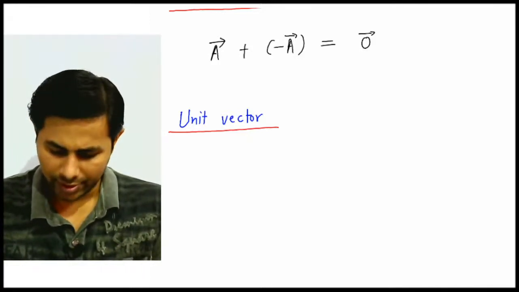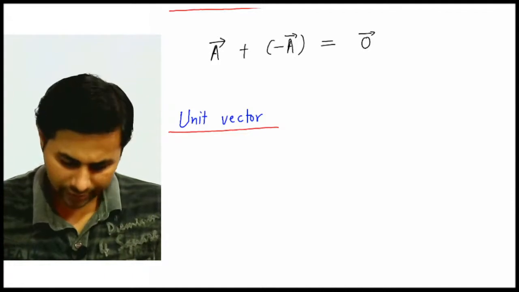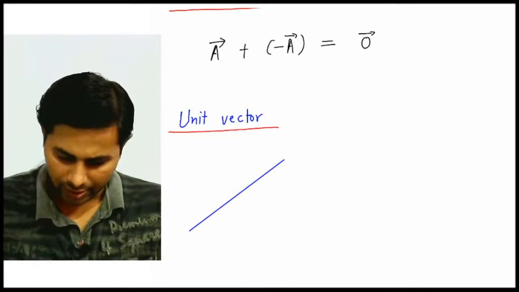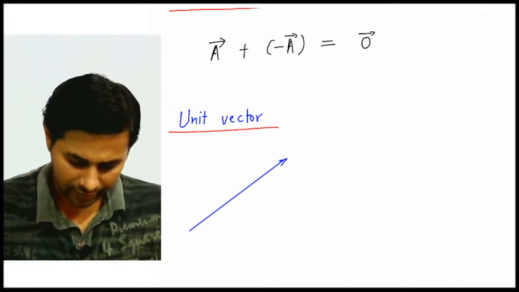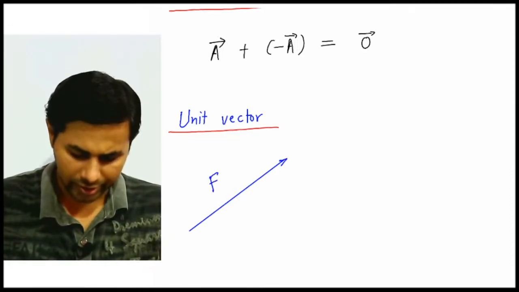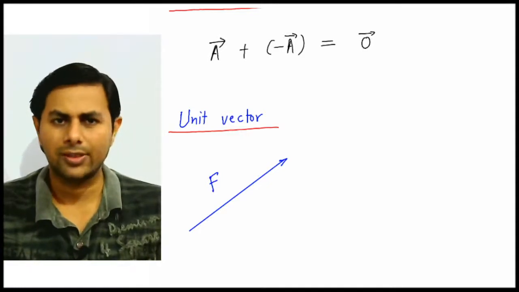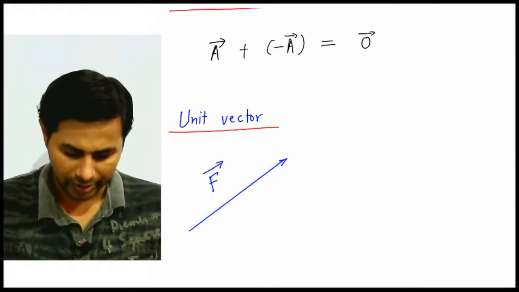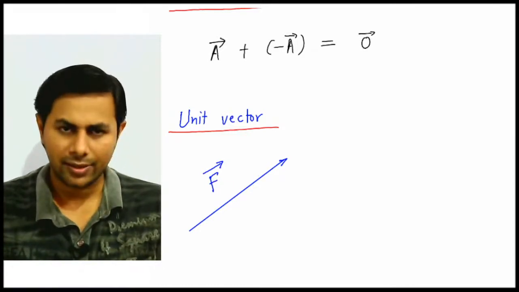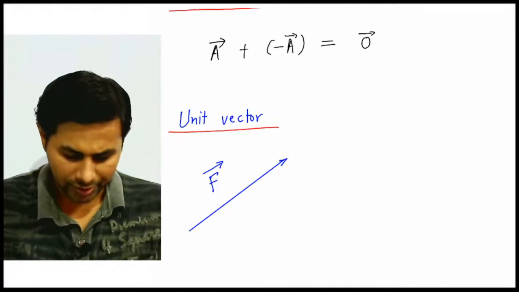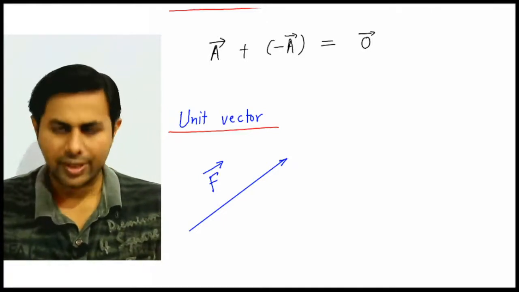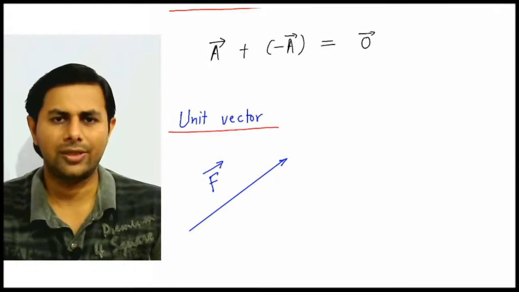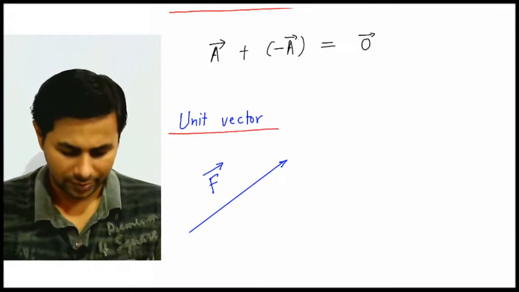So if we consider, let's say this vector, suppose this is force acting on some body and force is a vector quantity. So we represent it by F bar. So suppose the length of this vector is 3 units. So magnitude of this force is suppose 3 newtons.